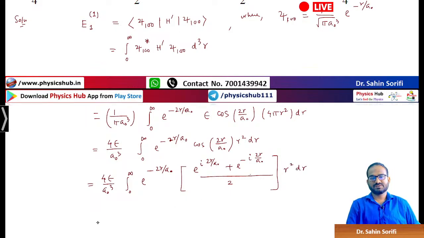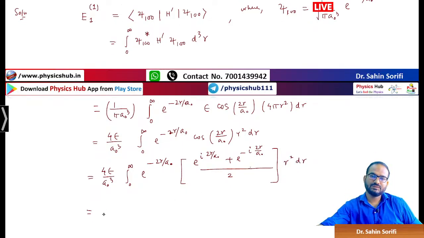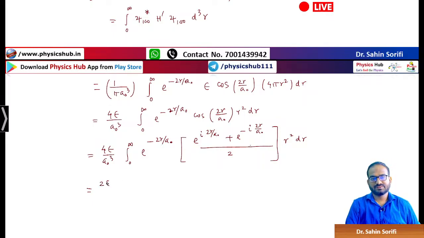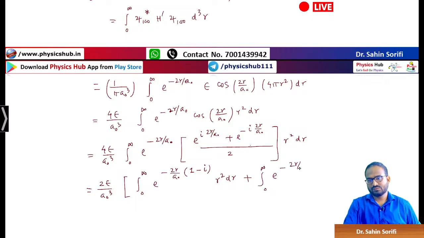And this 2 and 4 cancel, so 2 epsilon by a naught cube. You are left with two terms. The first term contains e to the power minus 2r by a naught (1 minus i) r square dr. Next term, e to the power minus 2r by a naught, it is (1 plus i) because there is a minus sign here, r square dr.